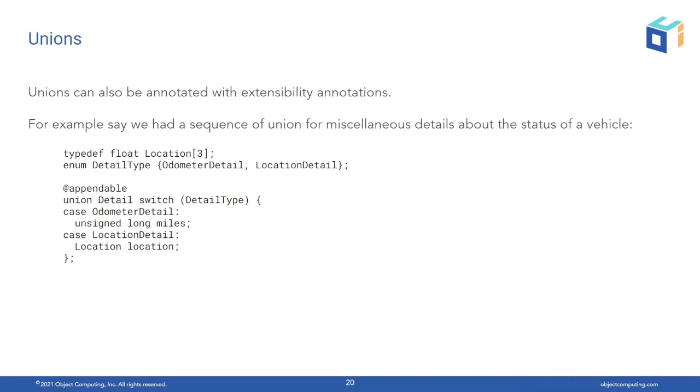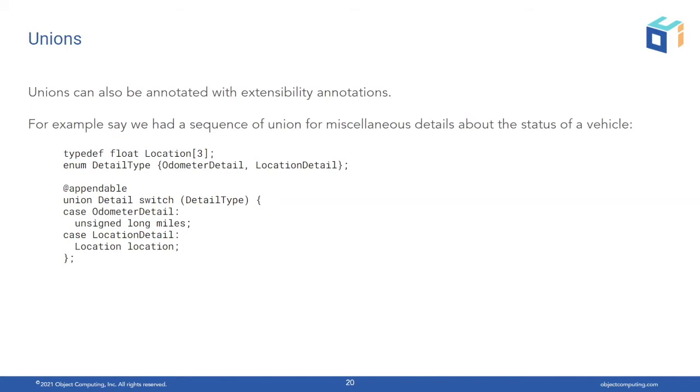Unions can also be modified in similar ways. Here we're just going to go over a basic appendable example where, say, we had some details about the vehicle that we also wanted to publish: odometer, location from a GPS, for example.